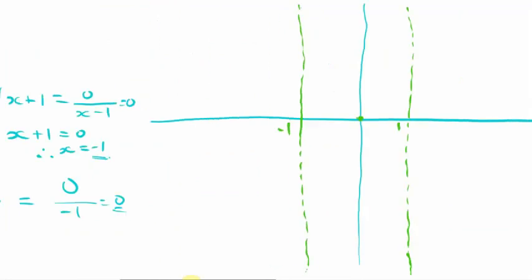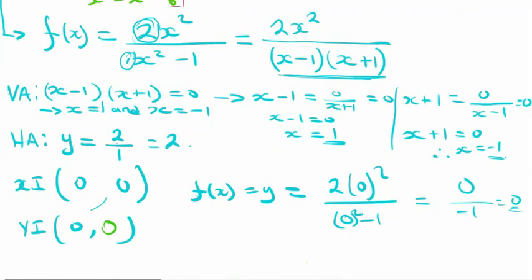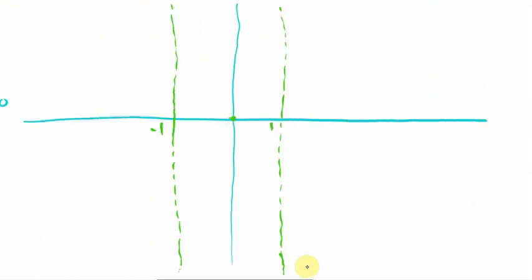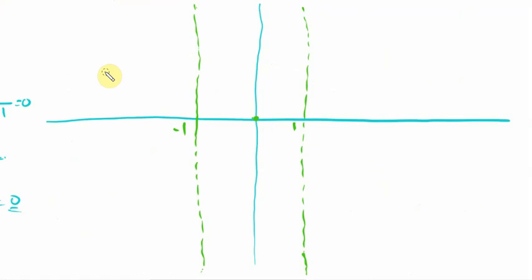Okay, but we skipped one thing. Where is our horizontal asymptote? It's at 2. The horizontal asymptote is at 2, so let's plot it at 2.